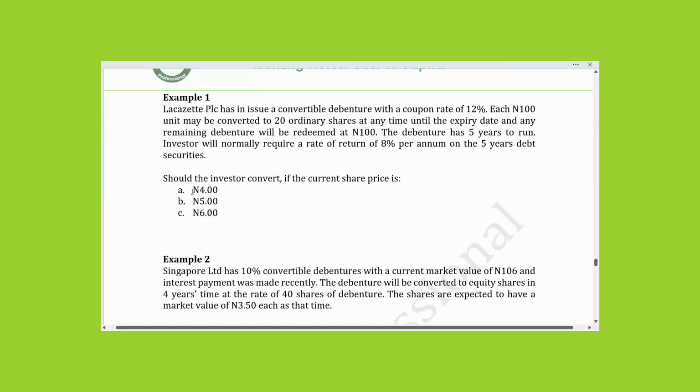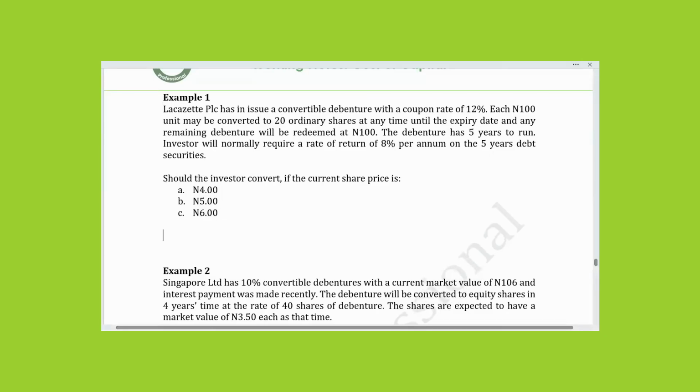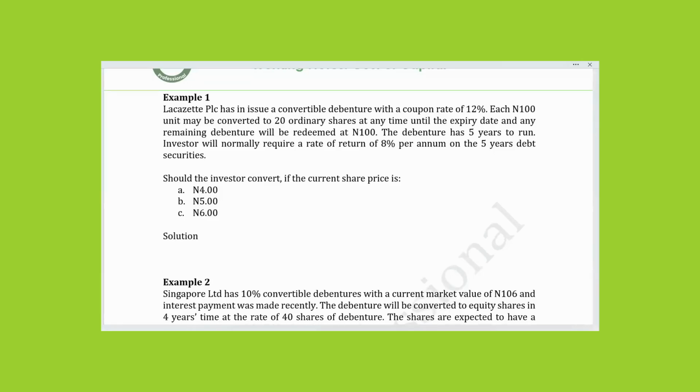At any price at which the conversion value is higher than the current market value under redemption, that is the price at which you are going to convert. So, solution. The name of this company is Lacazette PLC.